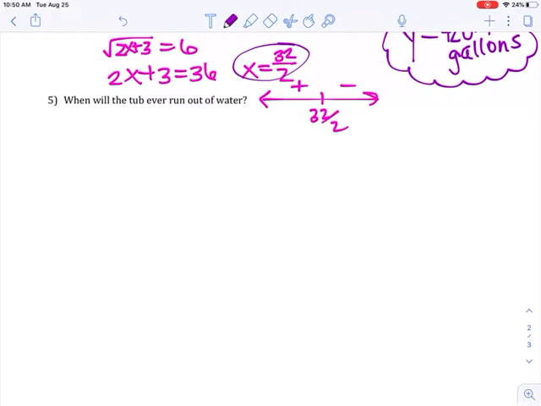Okay, when will the tub ever run out of water? Write down how we would need to set that up.